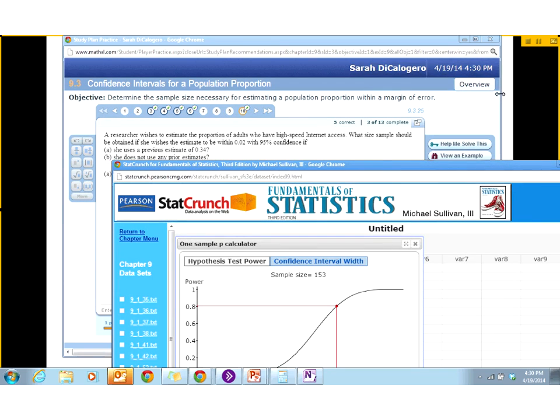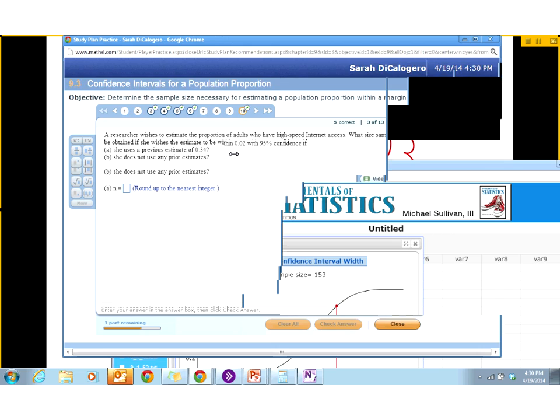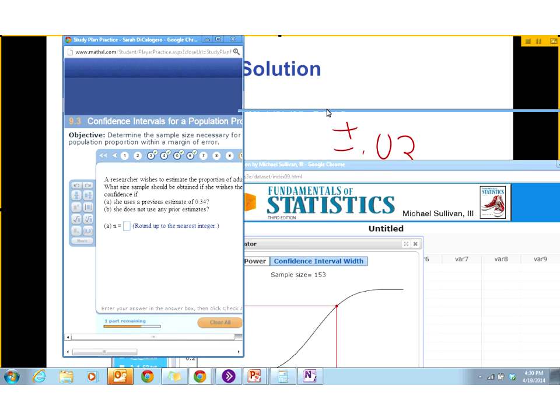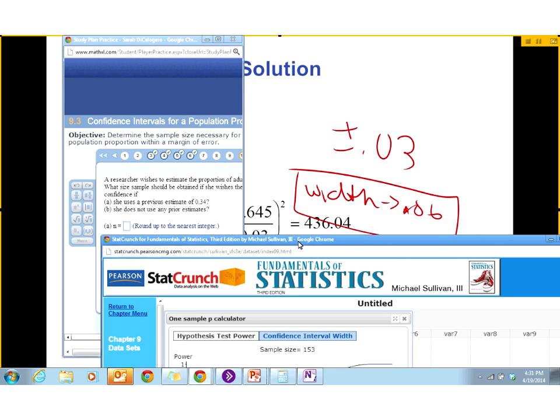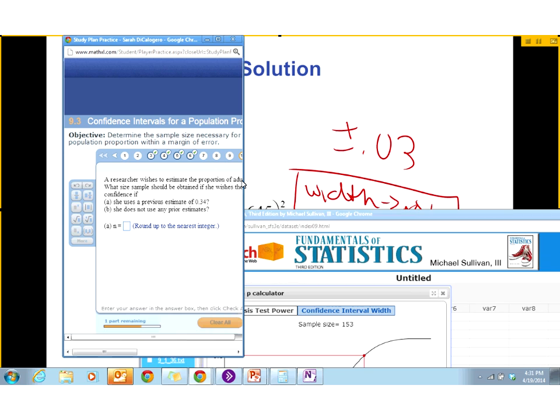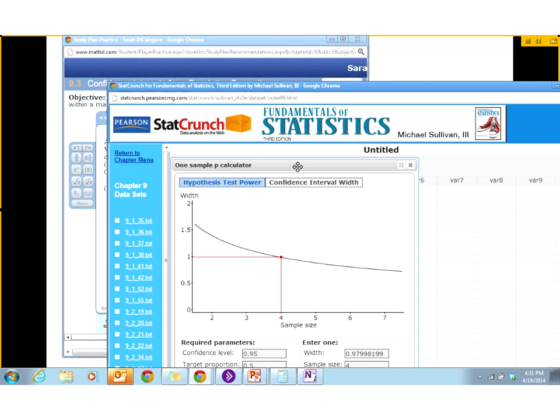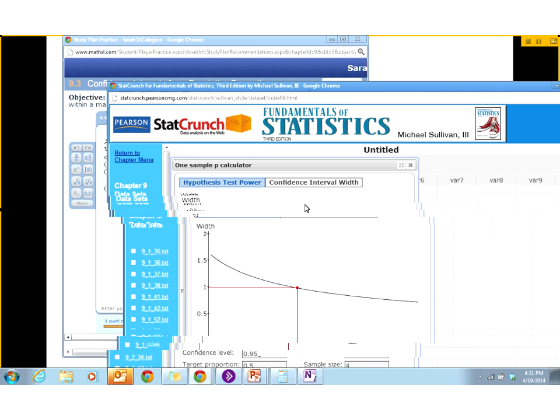Let's try to get these here so you can see them better. So here, we're doing confidence interval, 95%. Make sure you click on confidence intervals.